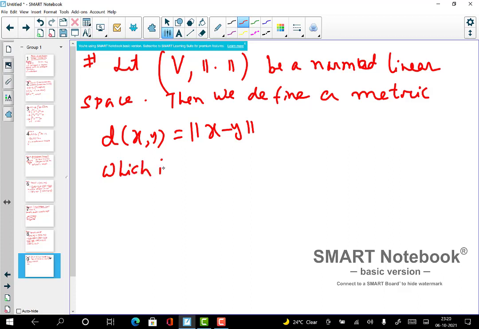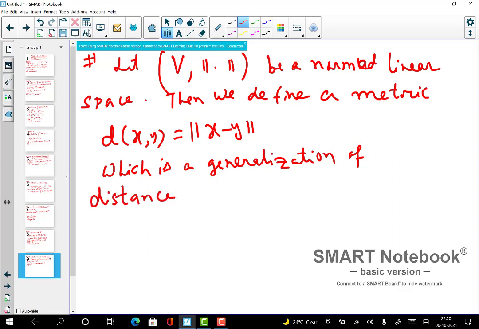Okay, so this is called the metric, which is a generalization of distance. What is the important idea of this definition?